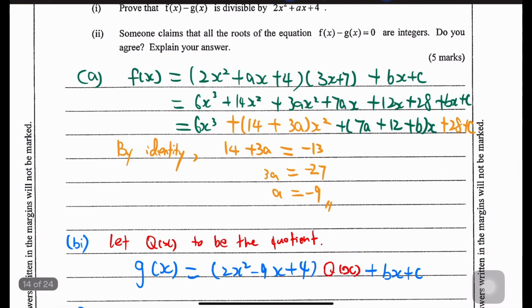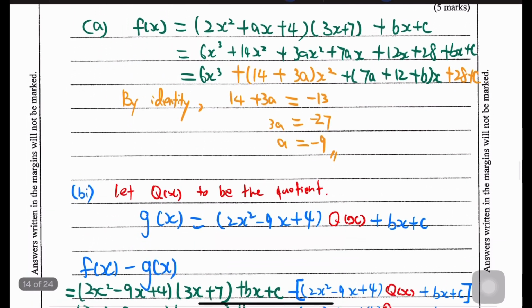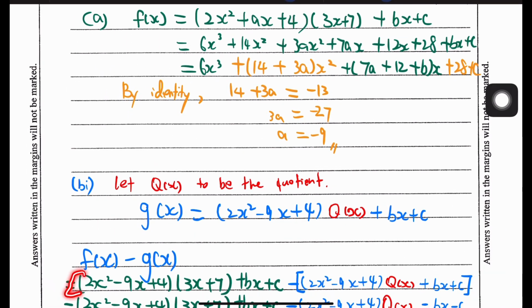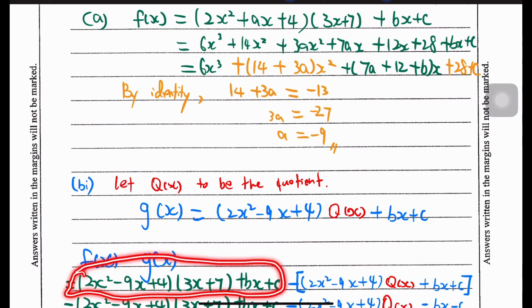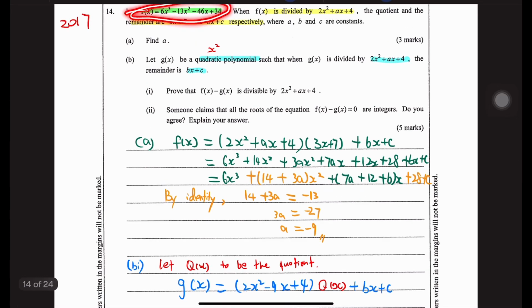So that's what we do here. We just let this one be the quotient. We don't know the quotient, so we just write this here. Okay, so f(x) minus g(x), you first show how it looks like. Okay, so this is f(x). Why do we know that we need to use this format instead of the polynomial in general form?